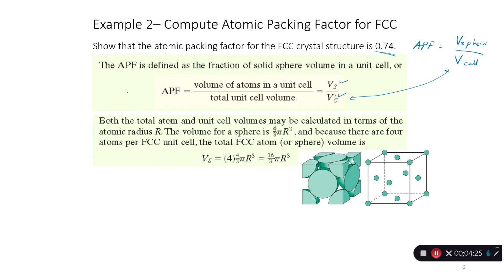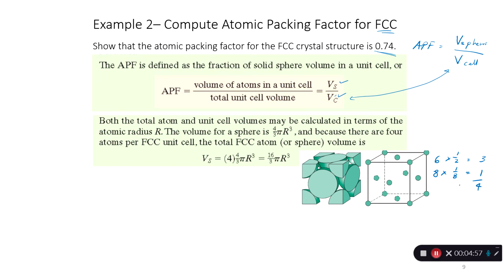The Vs is the volume of all the atoms. So how do we do that? We know that for FCC there's a total of 4 atoms. We calculated that in the previous video. There are 6 half atoms at each face, equals 3, and there are 8 of 1/8 atoms, this is 1, therefore there's a total of 4 spheres.